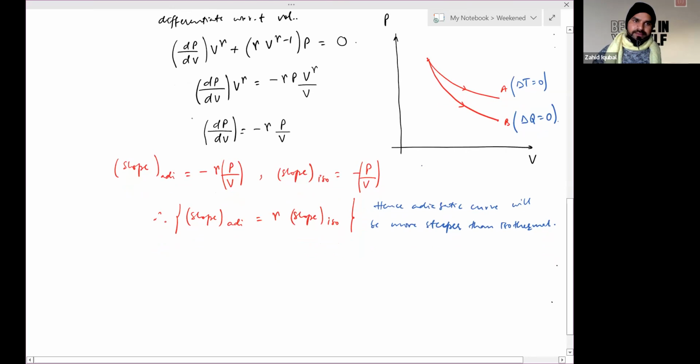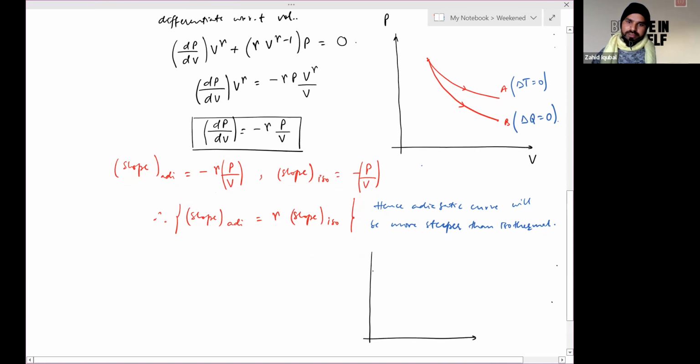So you will say, since slope is directly proportional to gamma, if you have to define for monoatomic, diatomic, triatomic, pressure versus volume, one of the curves will be at this, next will be at this, and next will be at this. So which of these curves will be for monoatomic, diatomic, triatomic?